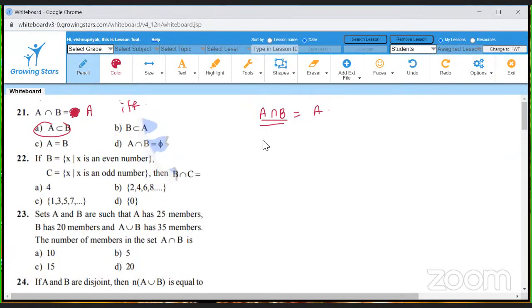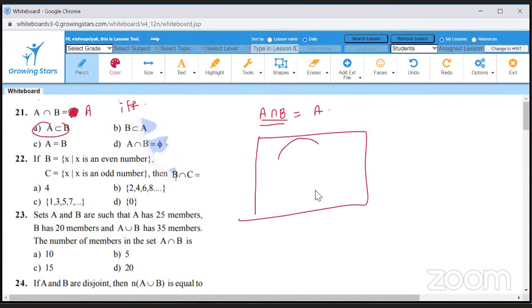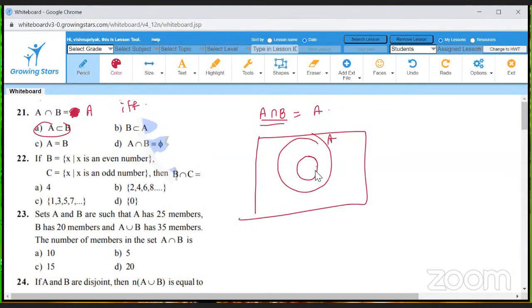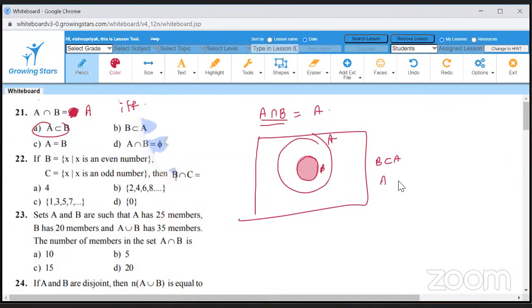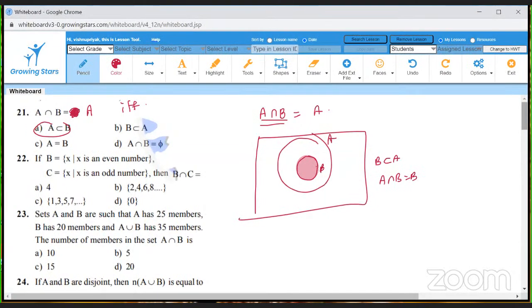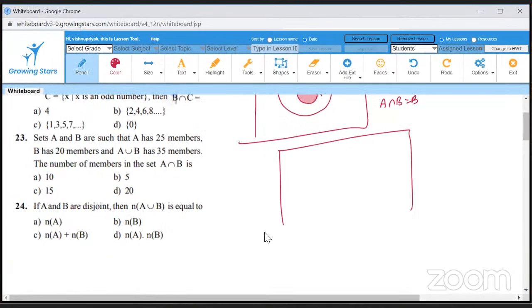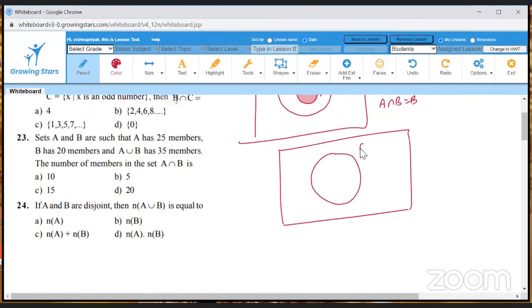Fine. Let me show you. There is a circle A. There is a circle B. This is A, this is B. What is the common region in both? Common in both is this one. So, if B is subset of A, then A intersection B will be B. But this is not given in the question. What is given? This is B circle.